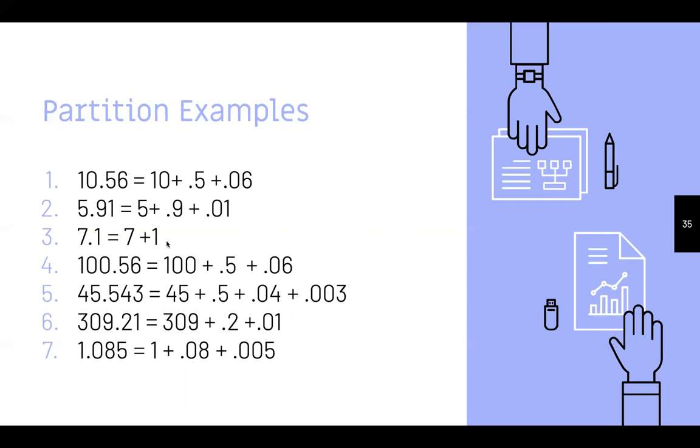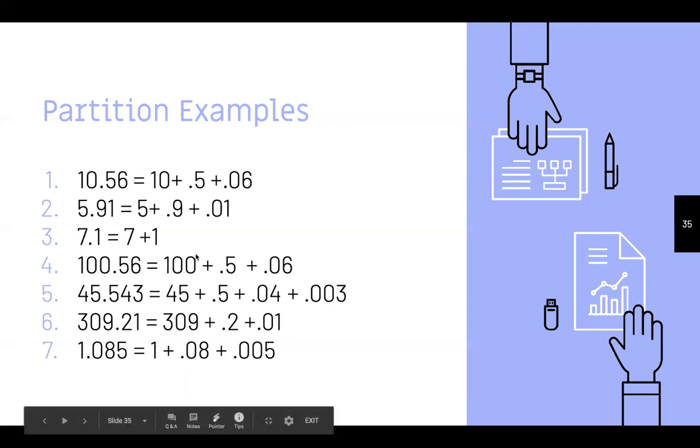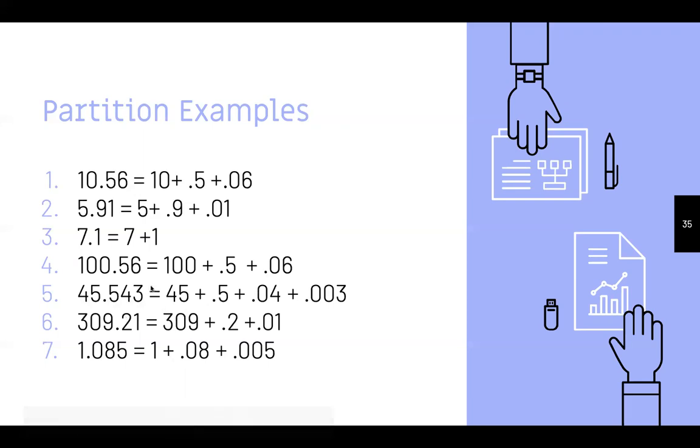Then we have the number 100.56, right? Whole number plus 10th spot, 0.5, plus 100th spot is 0.06. Then so on and so on. We can do 45.543. Now that becomes the 1,000 spot we'll need at the very end, with the 0.003. Then 100th spot, 0.04, 0.5, then 45.